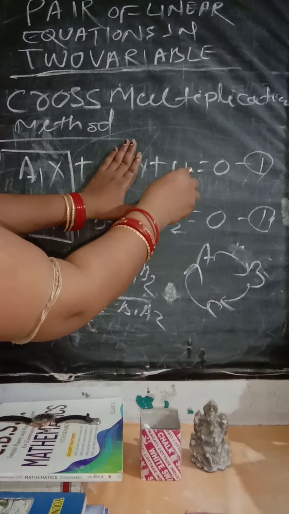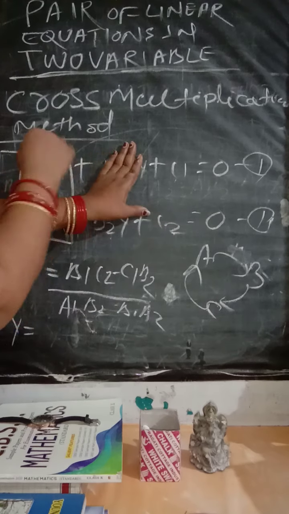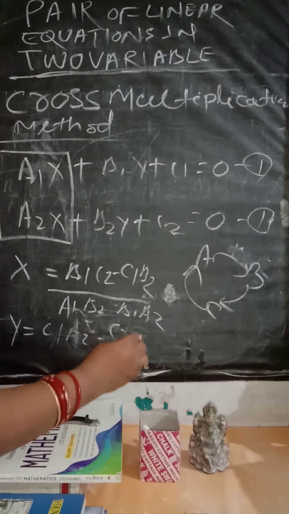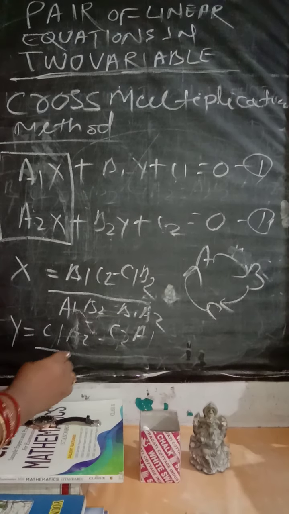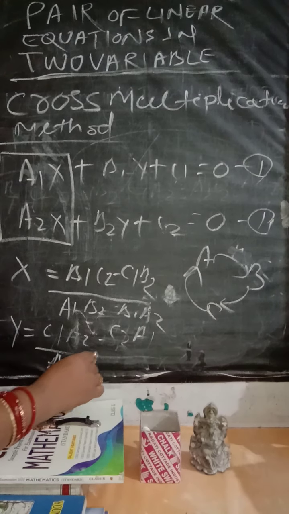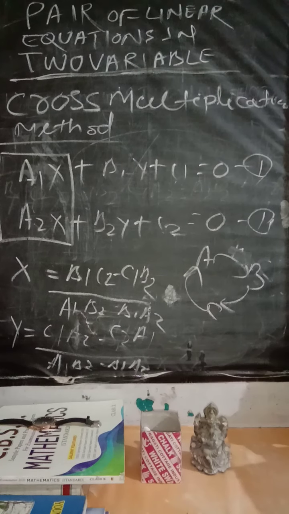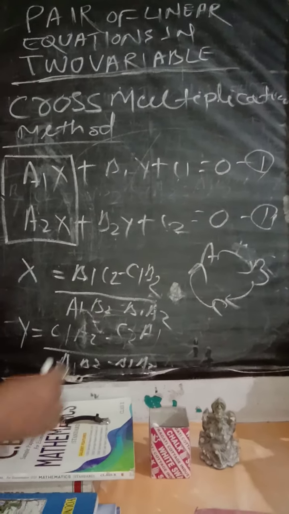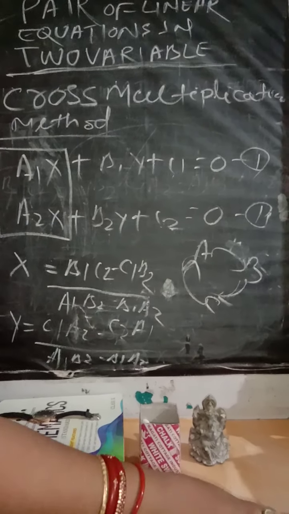Here B, after that C. So what will we take? C1 A2, C2 A1. C1 A2 minus C2 A1 by A1 B2 minus B1 A2. This is our cyclic order and an easier way to remember: C, AB, then BC and CA. Okay, over.